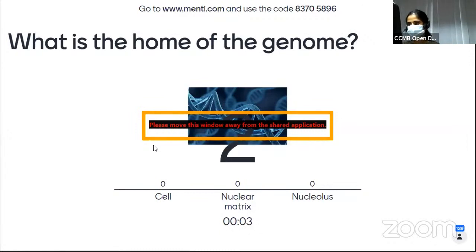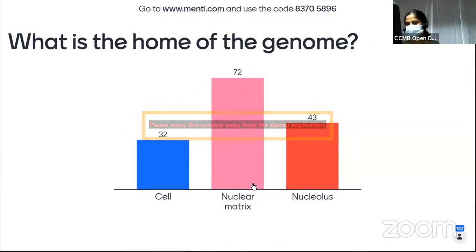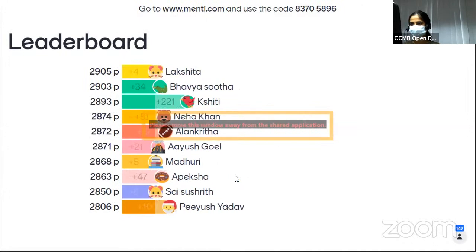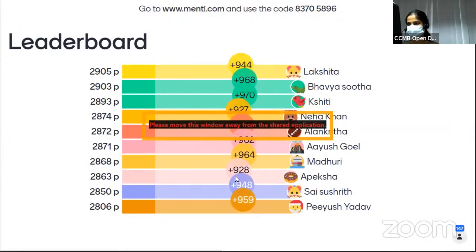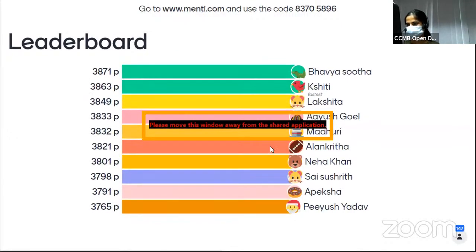Reply fast to get more points, guys. And nuclear matrix is the right answer. Gave fastest answer in this session.